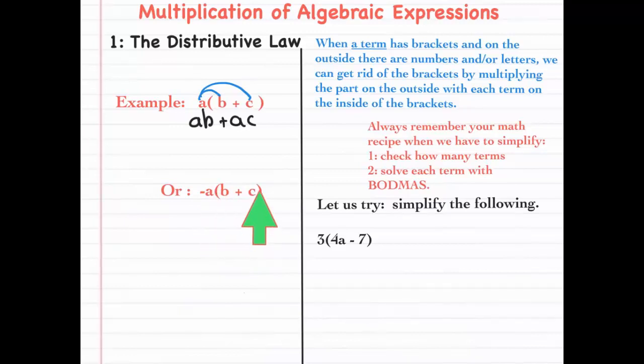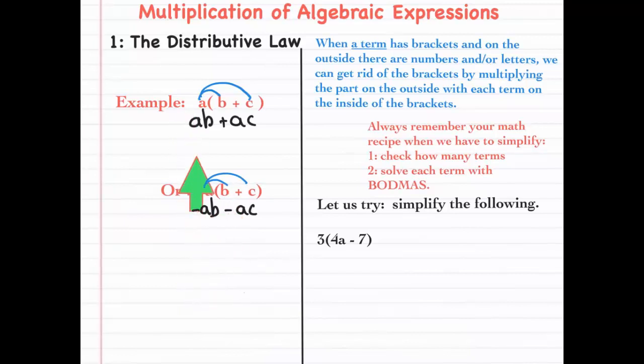Yes, because I want to get rid of these brackets. This is one term and there's a letter against the bracket. So I'm going to multiply this in, and then what will we get? Well, minus A times B is minus AB, and then minus A times a plus C is still a minus AC, because a minus times a plus gives me a minus. And that is it.